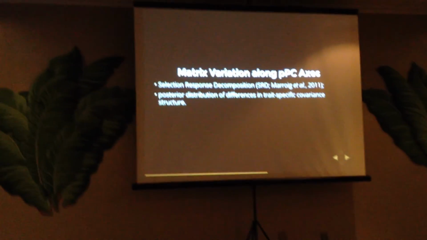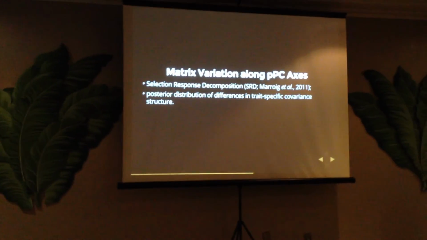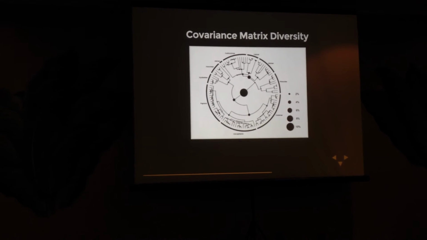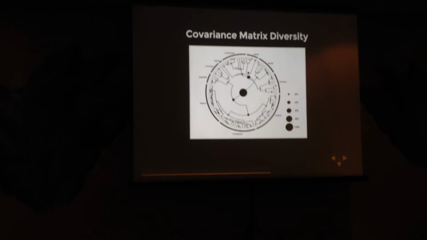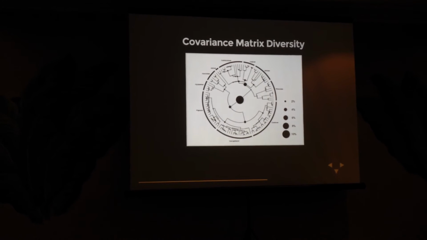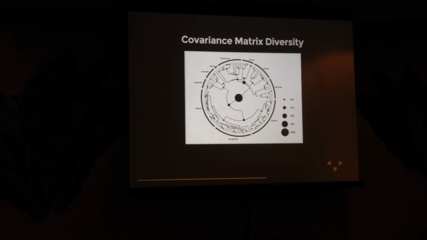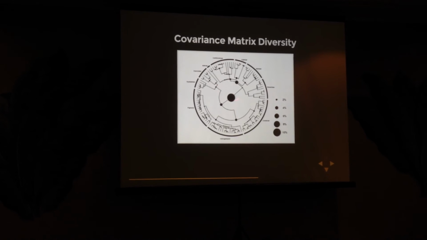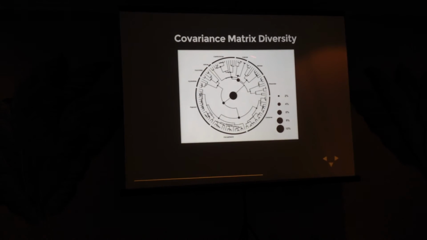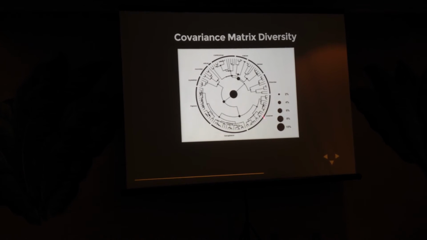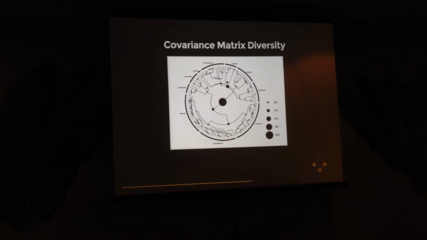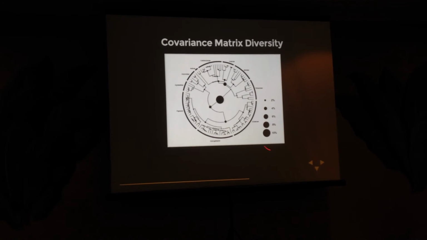Okay? So, first of all, matrix diversity. As you can see here, most of the matrix diversity for anthropoid primates is in the initial split between New World monkeys and Old World monkeys. But that's only about 10% of all diversity.